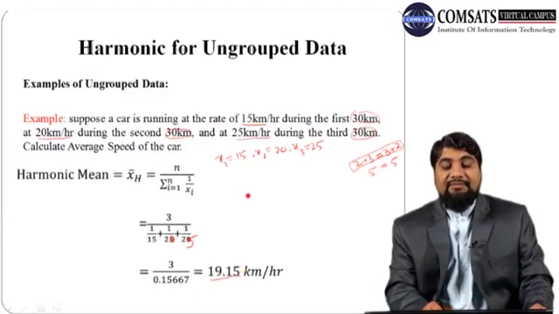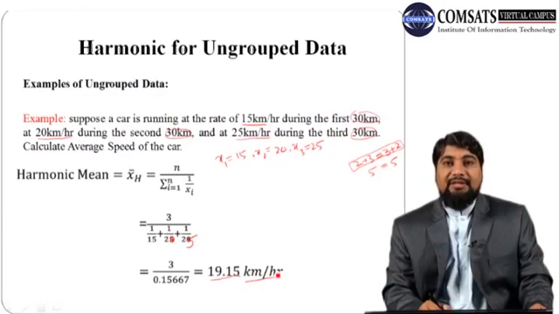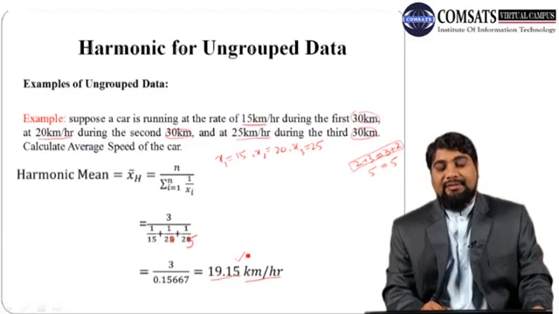Since the unit used throughout is kilometer per hour, we write it as kilometer per hour. So the average speed over all three journeys of the car is 19.15 kilometer per hour. This is how we can calculate the harmonic mean for ungrouped data.